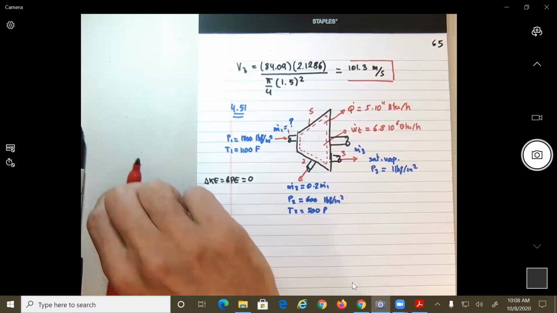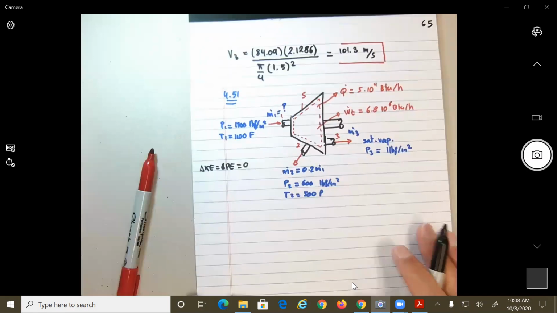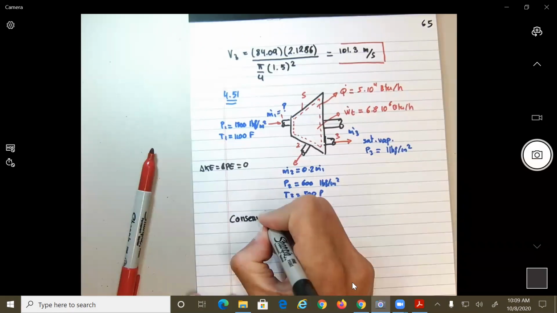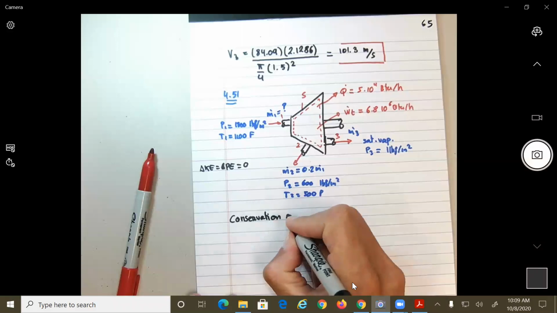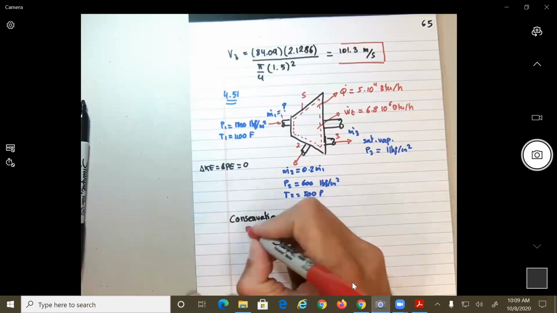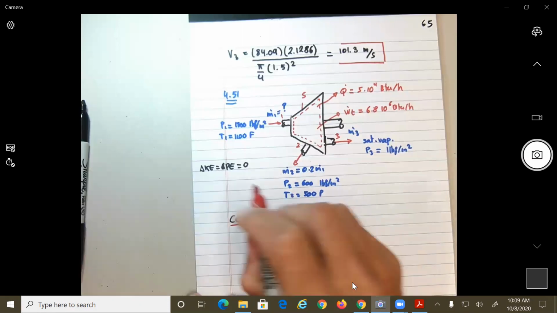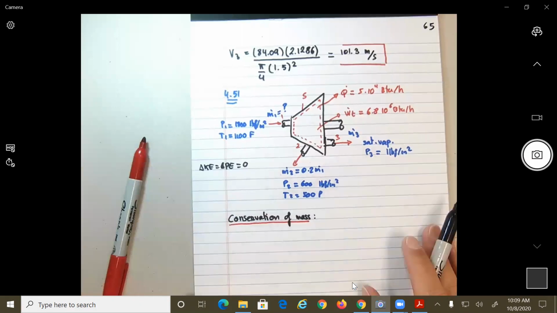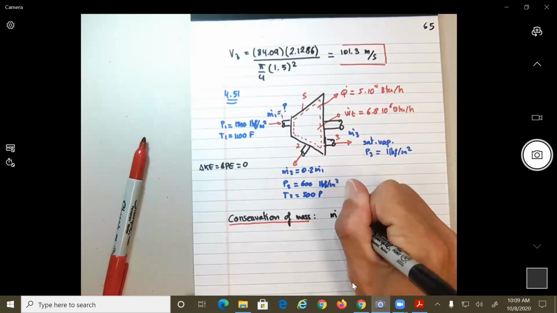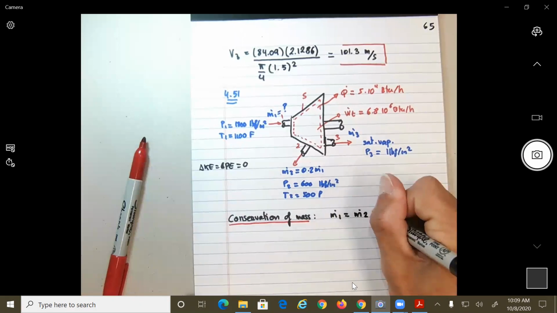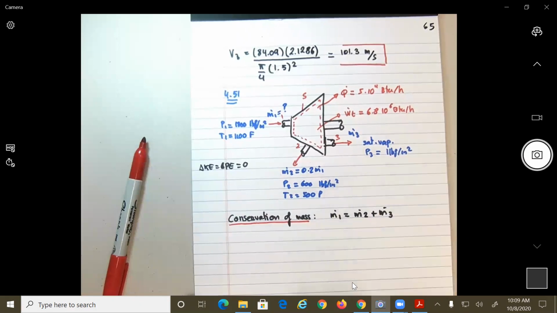So for the system, what do we know? We're going to have conservation of mass, which means what? They didn't say steady state, but I'm sure it's steady state. The amount of mass coming inside the system needs to be equal to the amount of mass leaving the system, no?